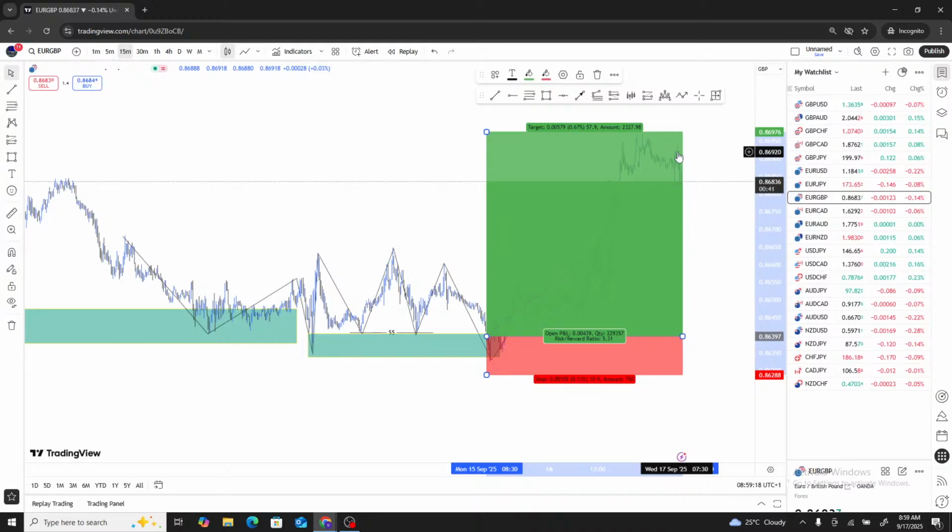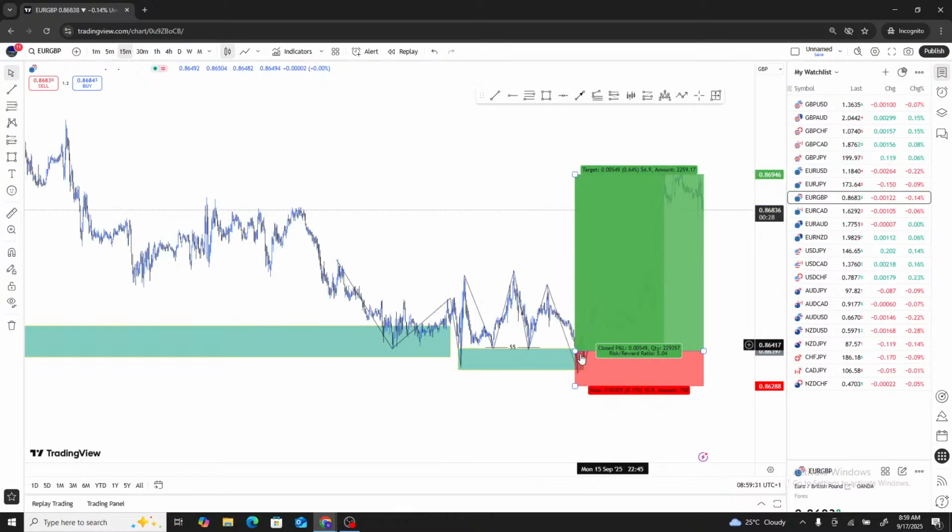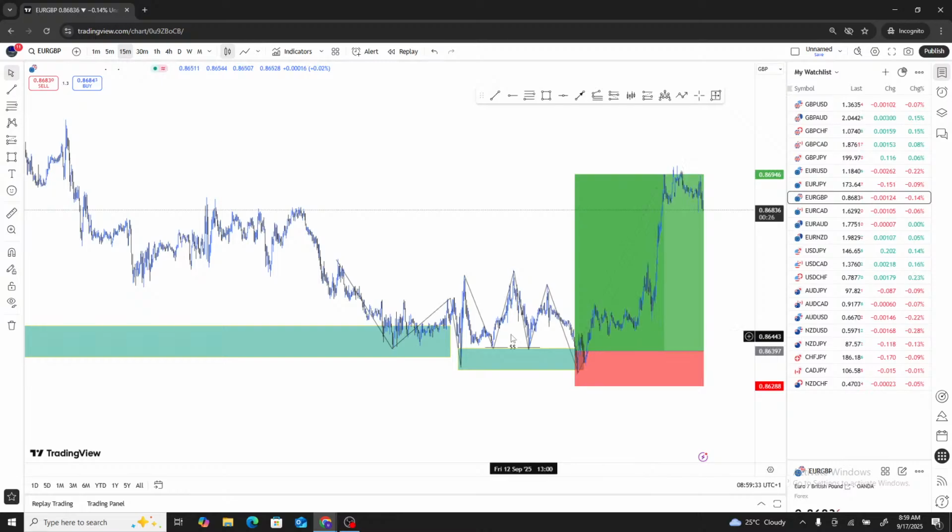So let's say 5 R to reward, safe. Can you see? 5 R to reward. It means if you risk $100 on this trade and price hits this TP, you would make 500. So your total trading capital will now be 600.